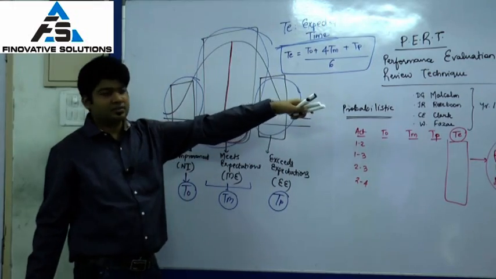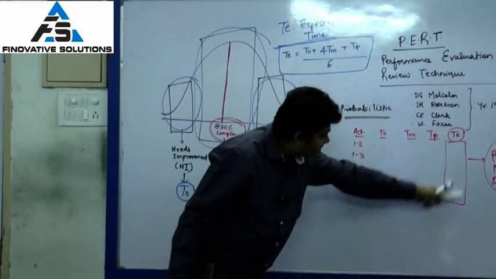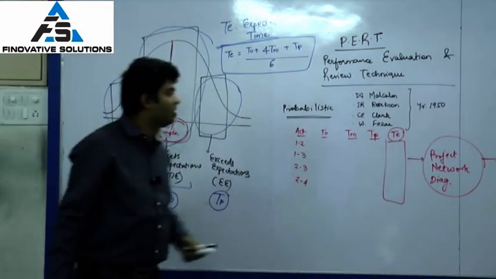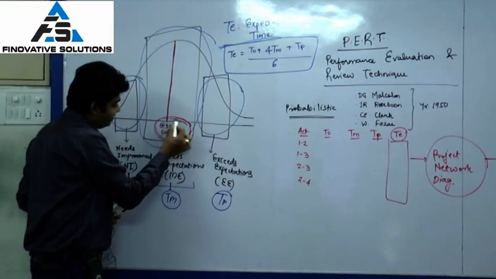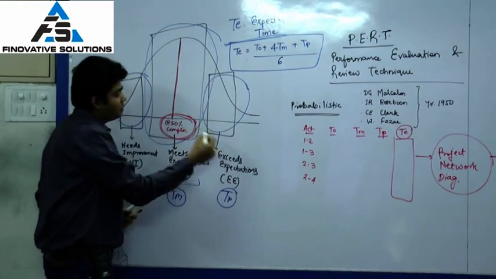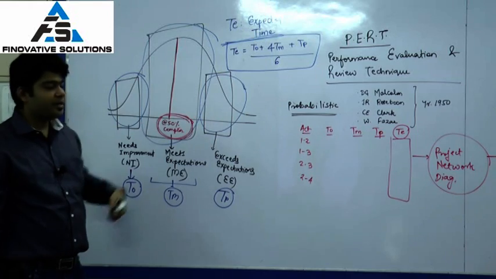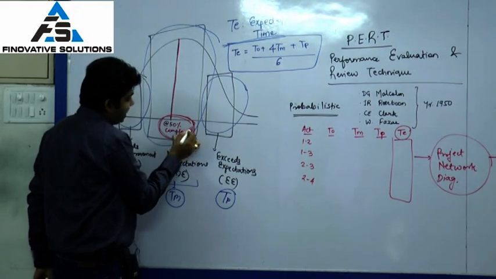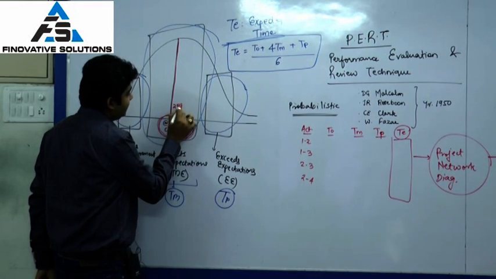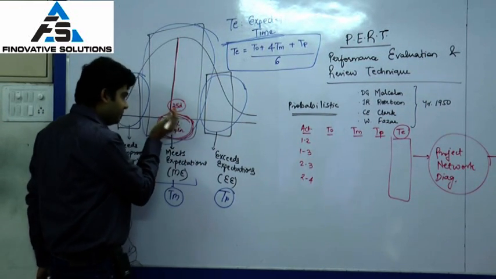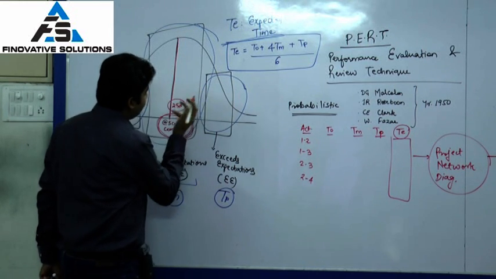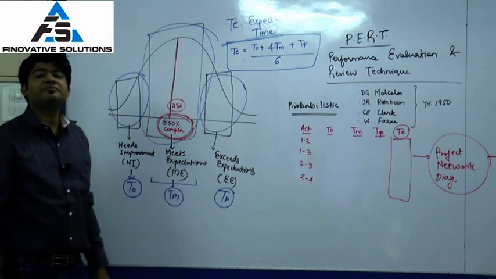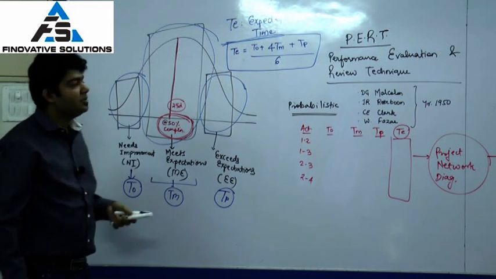The critical path that we get based on a time duration of TE will have a 50% completion probability. So suppose that critical path comes to 25 days, there is a 50% chance that the project will be completed in 25 days. 50% negative, 50% positive. So there is a 50% chance that the project will be completed in 25 days based on this probabilistic table.